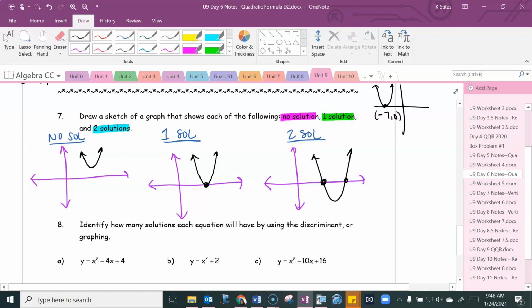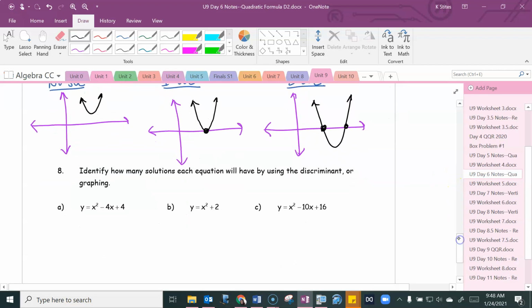So now it turns out that we can actually figure out how many solutions we're going to have by using the discriminant. Okay, when the discriminant, and remember the discriminant is b squared minus 4ac, is positive, we're always going to have two solutions.